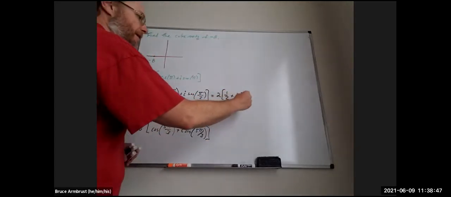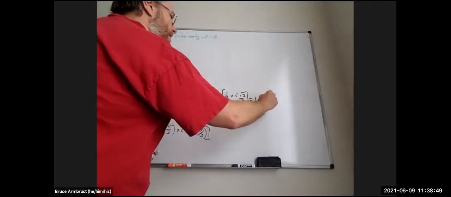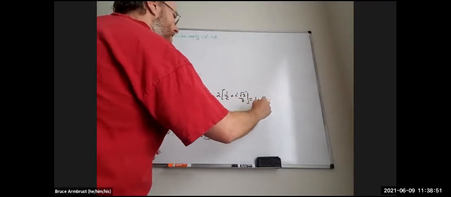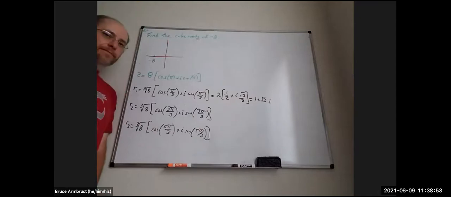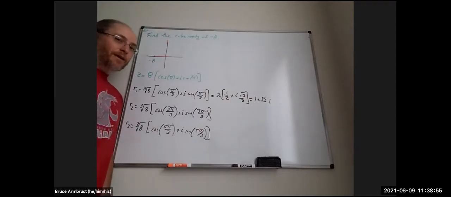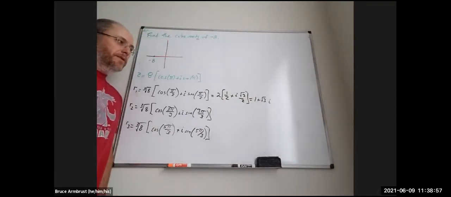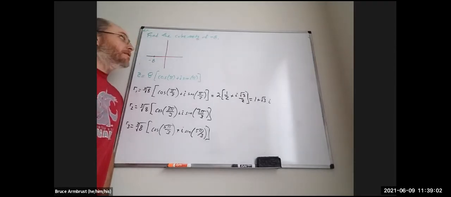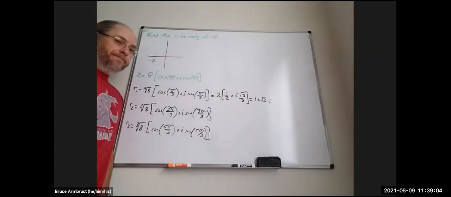So if I take that 2 and I distribute it through, I get 1 plus the square root of 3 times i. So that complex number, 1 plus root 3 i, if you cube it, you will get -8. I promise. I'll let you check that on your own. But that is one of the cube roots.